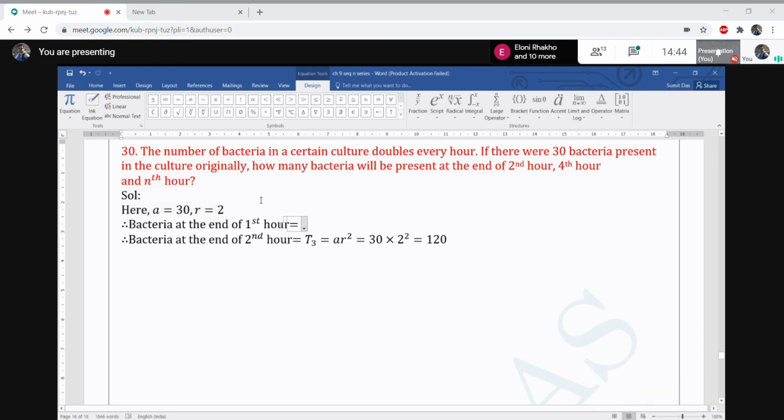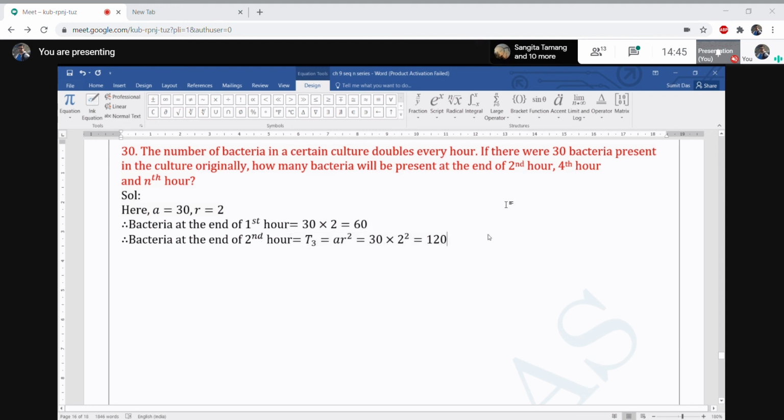So after the first hour it will be 30 into 2, so 60. Understood? So the first hour will be considered T2, not T1, because T1 is already the initial amount. So our second hour will be T3, which is equal to AR square.